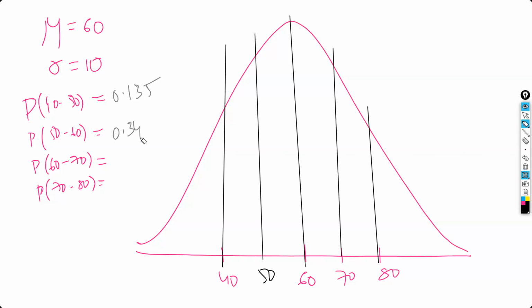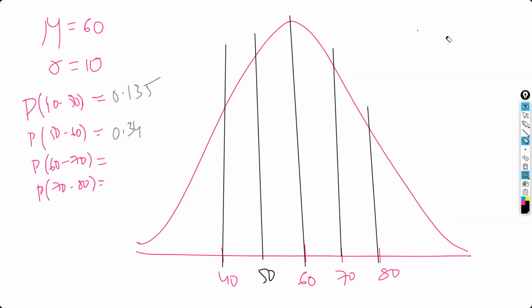If you get 0.3413, the rounded figure is going to be 0.34. You'll get 0.3415 something, right? So it is going to be 0.34.